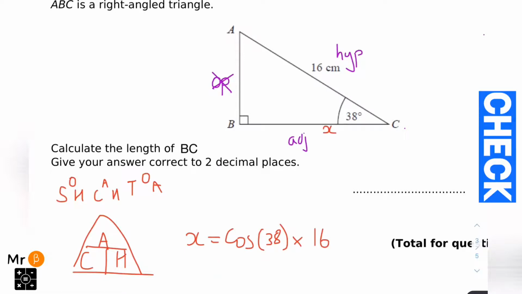Remember to close your bracket around the 38 as you write it in your calculator. So therefore your answer is 12.60817. Then it asks you to round that to 2 decimal places. So here, if we round that to 2 decimal places, we would get 12.61 centimetres.